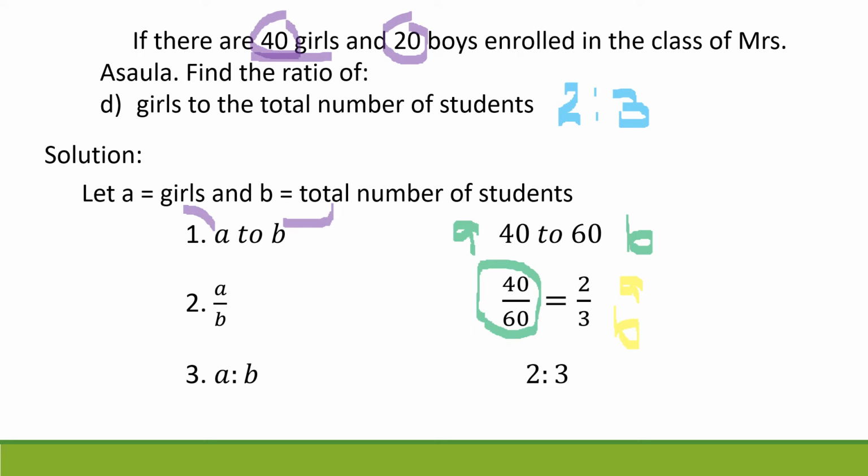Ito na yung pinaka-simplified na answer. So, kung isusulat man natin yung 40 to 60, is-simplify pa rin natin kung ito ang gagamitin natin, and that is 2 to 3.